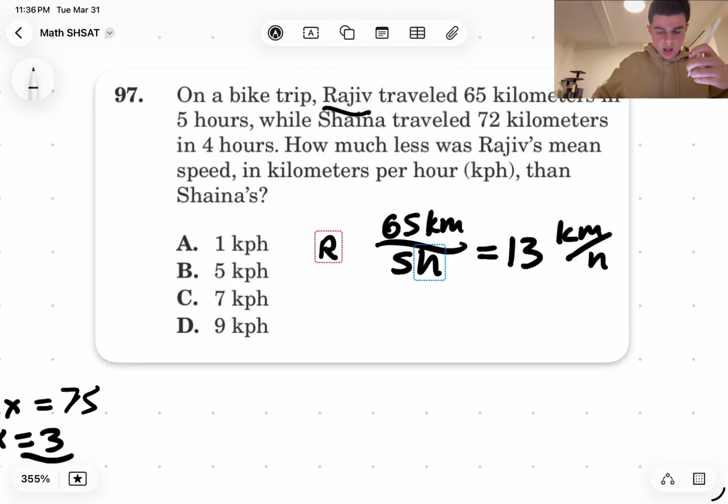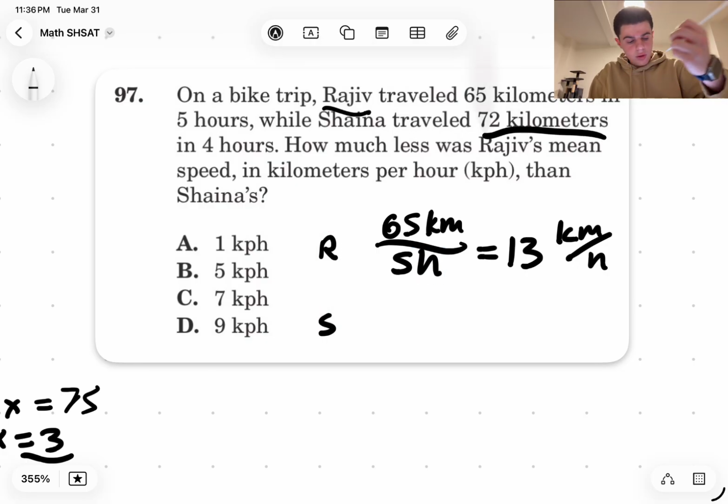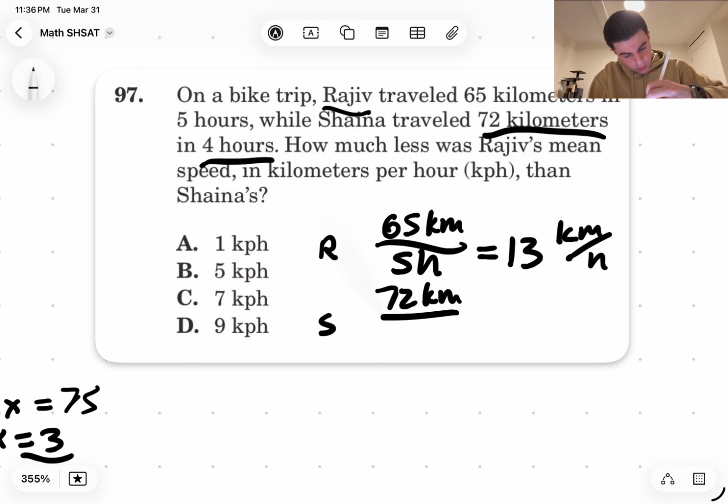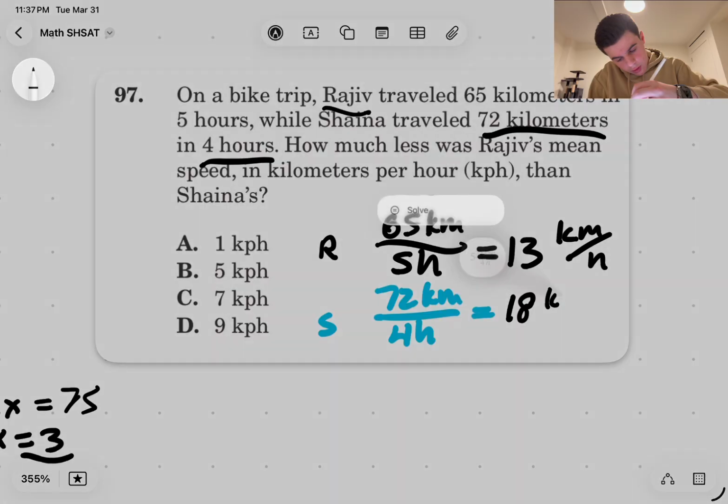Now, we also have Shayna. So I'm just going to signify that with an S, and that's the same thing. 72 kilometers, 4 hours. So we can just write 72 km over 4h, and that is equal to 18 kilometers per hour.